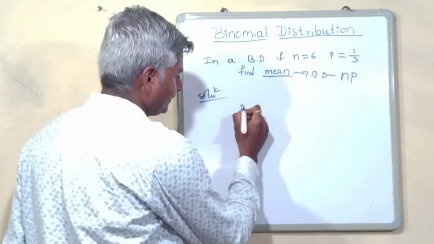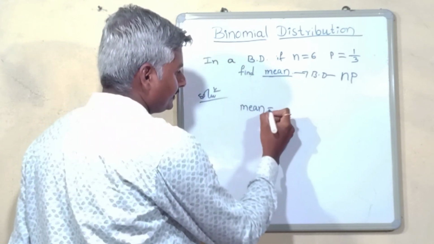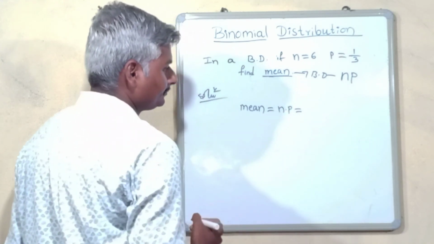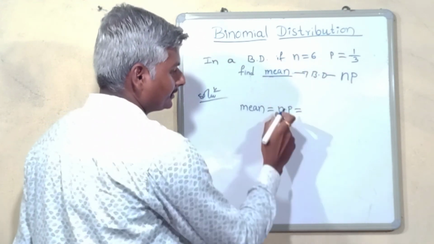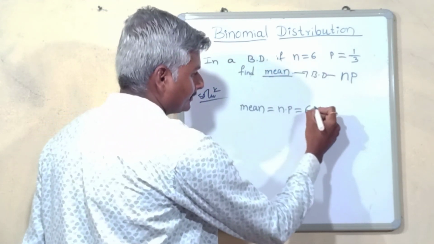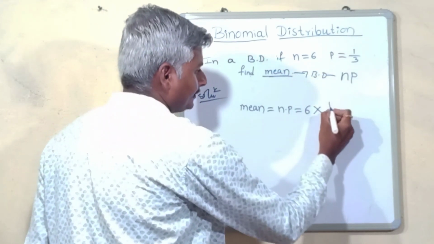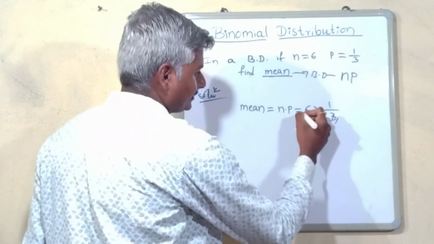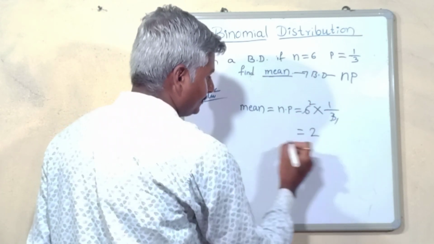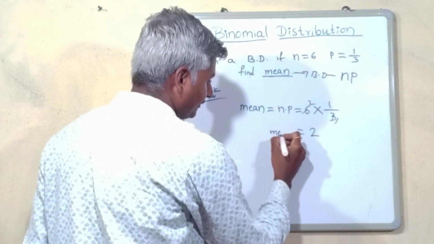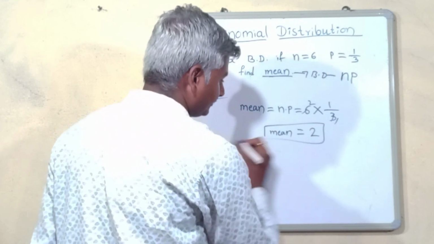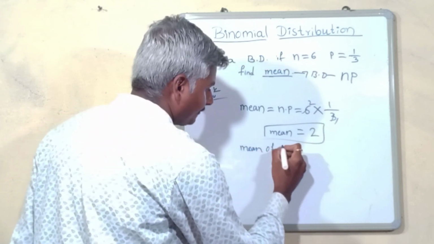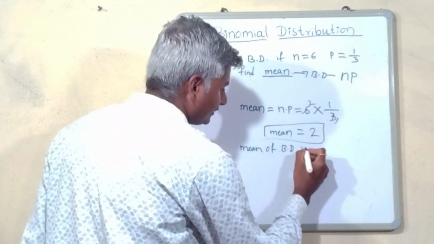So mean equals n into p, where n is 6 multiplied by p is 1 divided by 3. 3 ones are 3, 3 twos are 6. So 2 is the mean of binomial distribution. We can write here, mean of binomial distribution is 2.